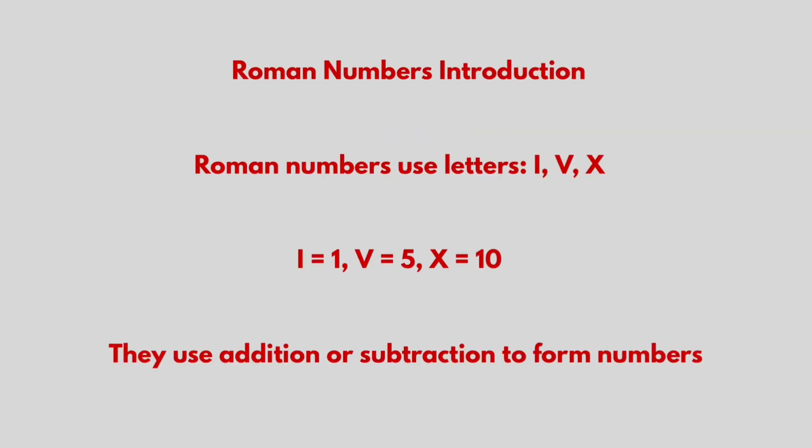All right. Now next we will talk about Roman numbers. What letters do we use in Roman numbers? You can see on the screen. 1, 5 and 10. How do we write?